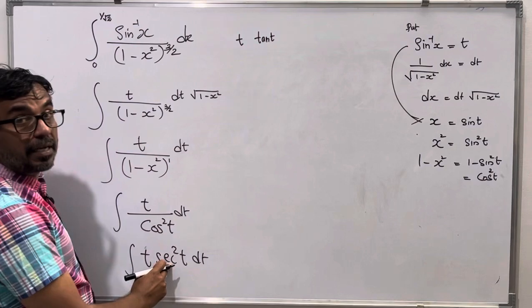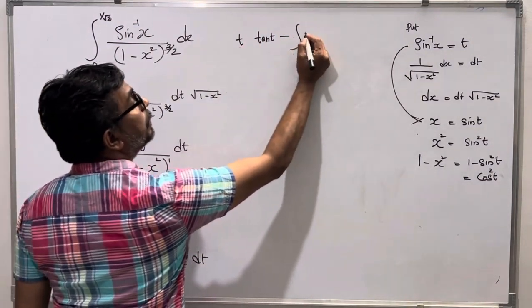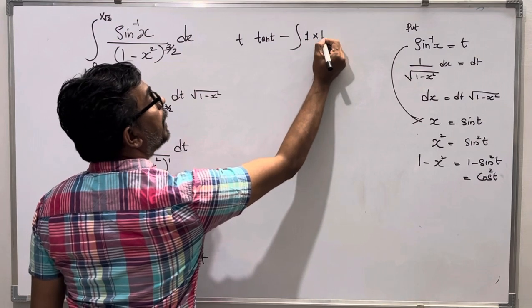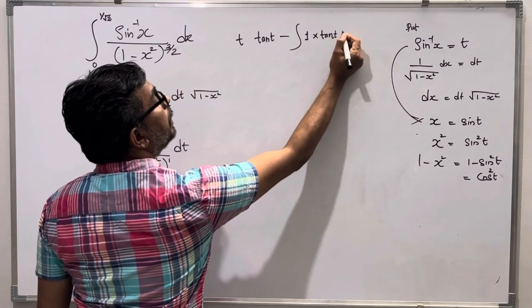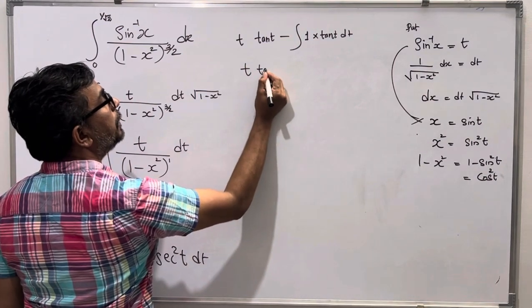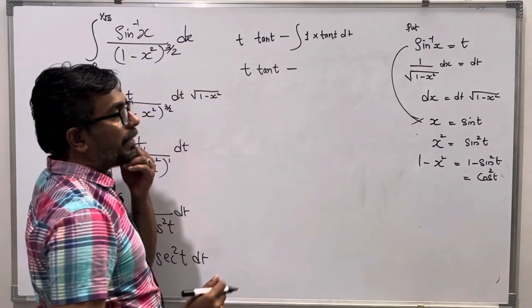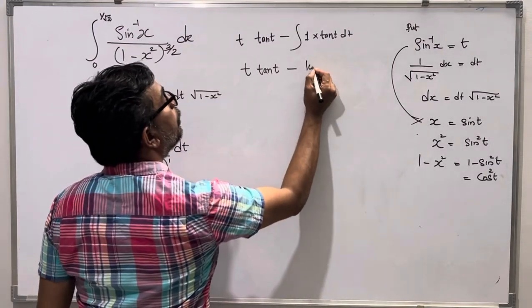Integral of sec square t is tan t, minus integral of the derivative of t with respect to t, which is 1, into tan t dt. So this will be t tan t minus integral of tan t, which becomes log mod sec t.